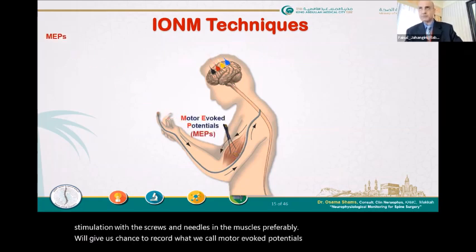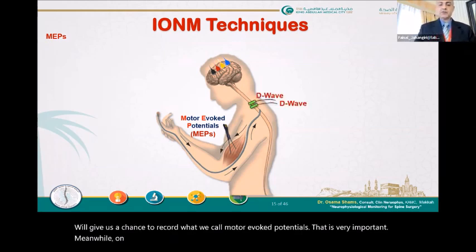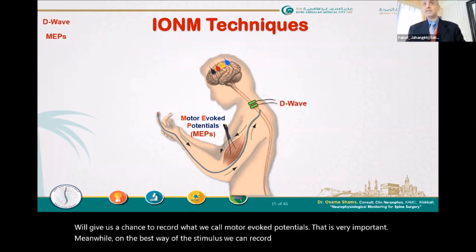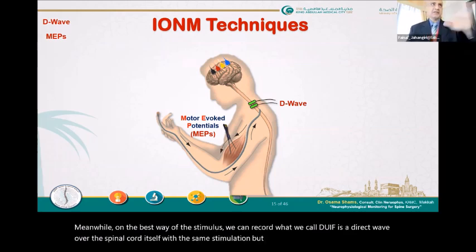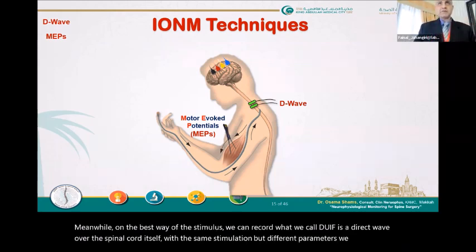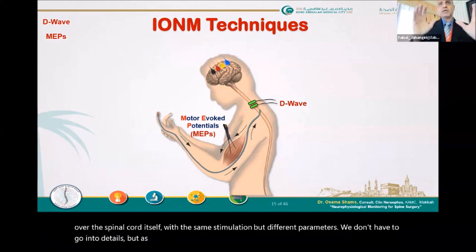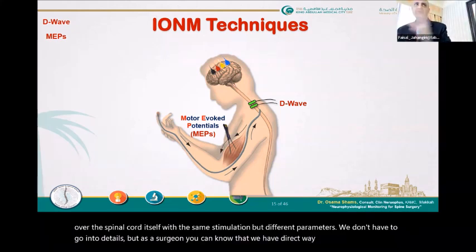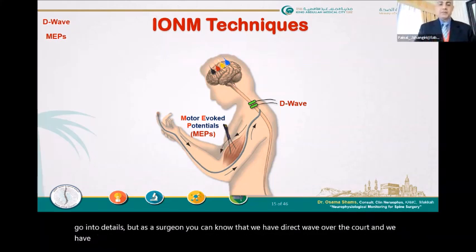That is very important. Meanwhile, on the pathway of the stimulus, we can record what we call the D wave, a direct wave over the spinal cord itself with the same stimulation but different parameters. We don't have to go into details, but as a surgeon, you can know that we have a direct wave over the cord and we have MEPs over the peripheral muscles.